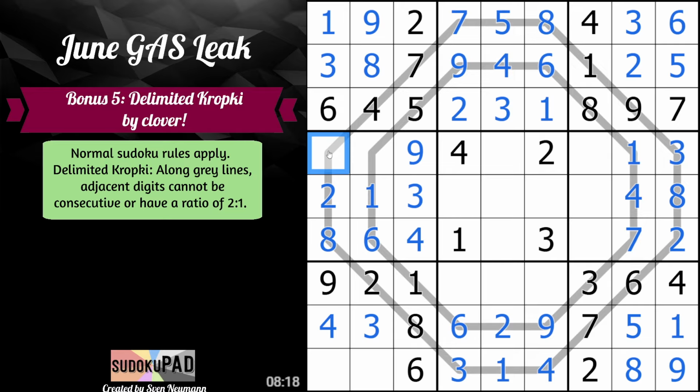And then 5, 7. 5 cannot go next to 4, so we do get doubled 5 again. It's kind of an easy thing now that I'm thinking about it that way, that the easiest digit to place next to itself along the delimited line would be itself.